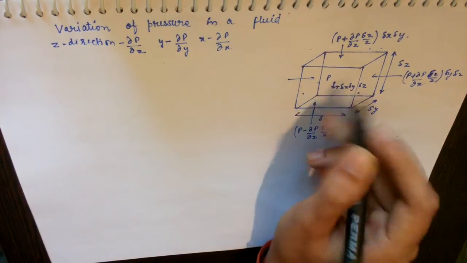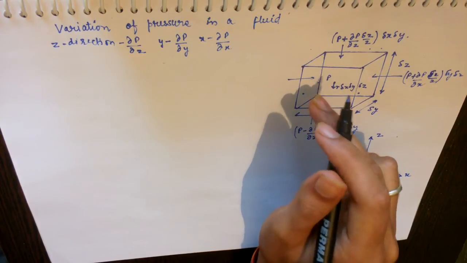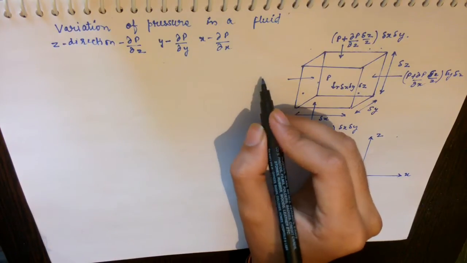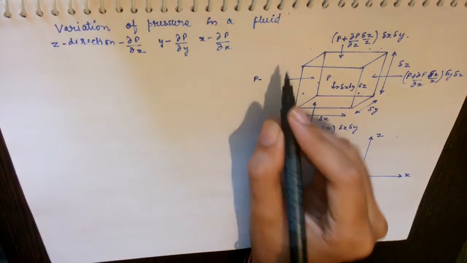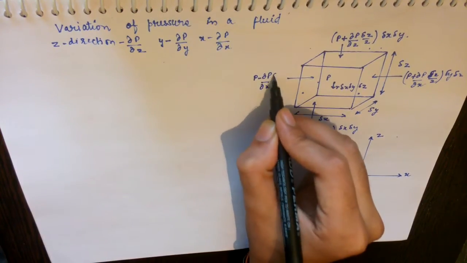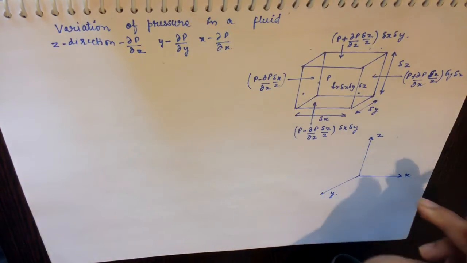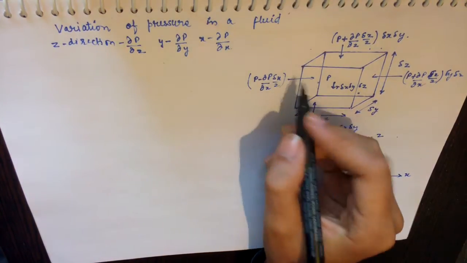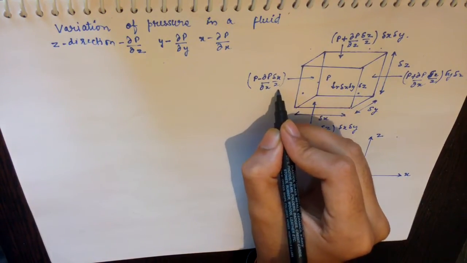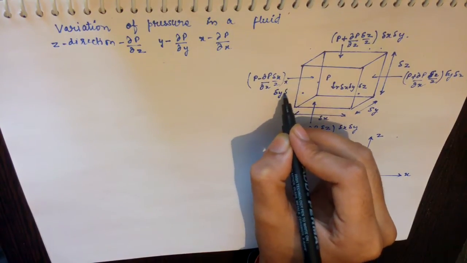In the negative x direction, the pressure is p minus del p divided by del x into delta x divided by 2, and the force is this pressure multiplied by delta y into delta z.